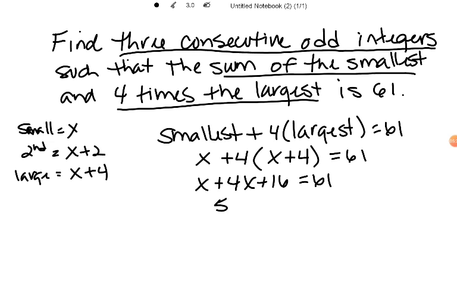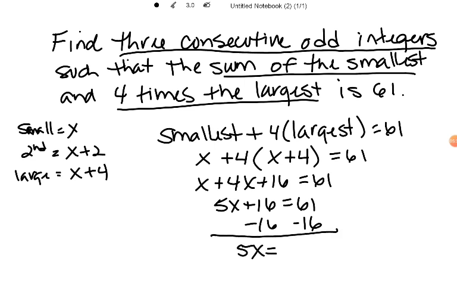We combine our like terms, and now we can solve. Okay, and we get x equals 9.